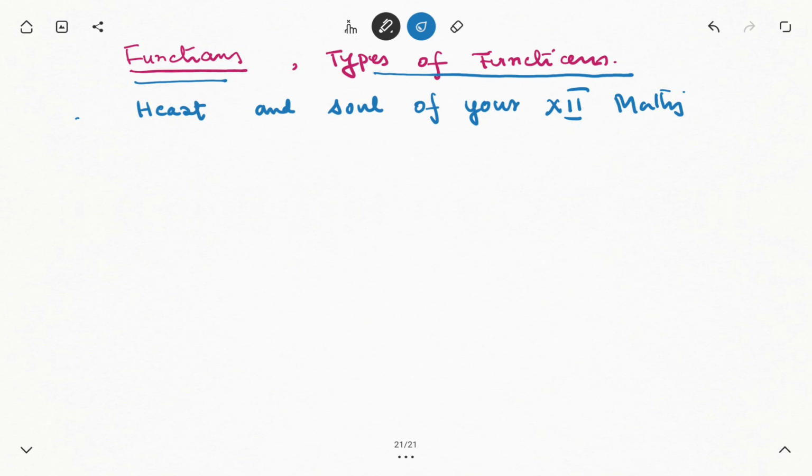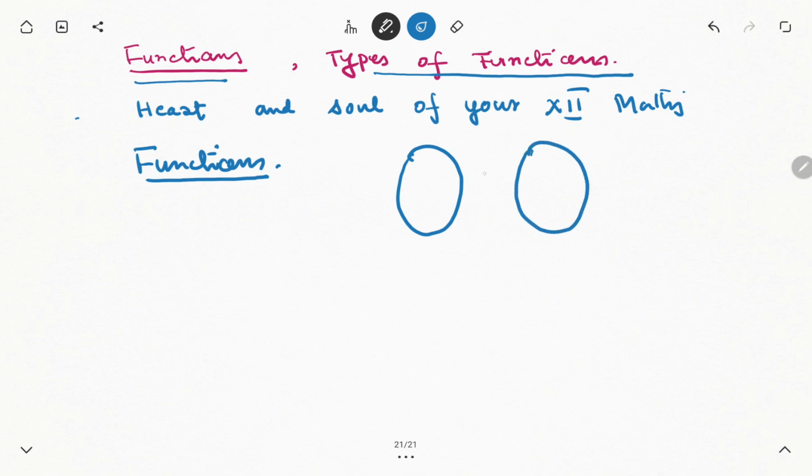So what is a function first of all? This is a correspondence, a special type of relation between two sets, X and Y, which gives for every element in the domain, that is capital X, a unique image in the codomain.